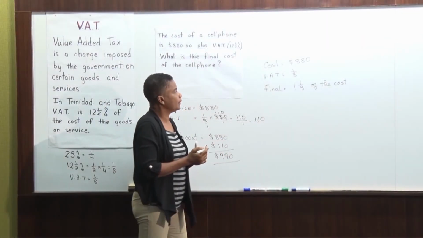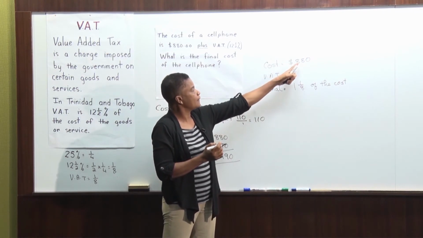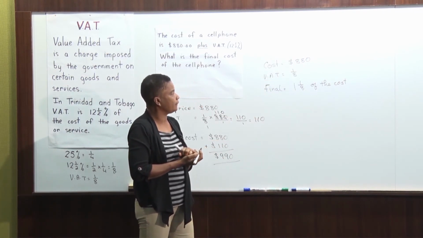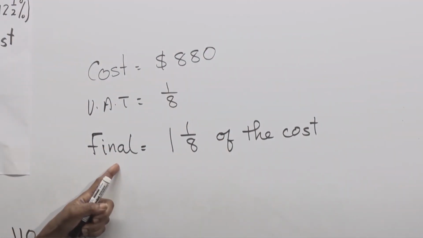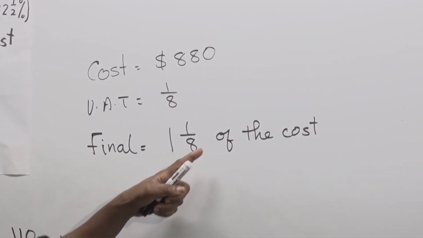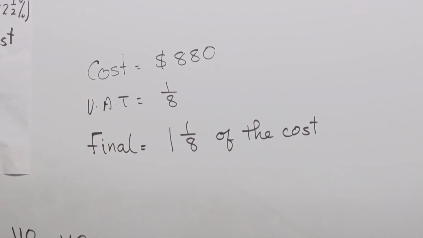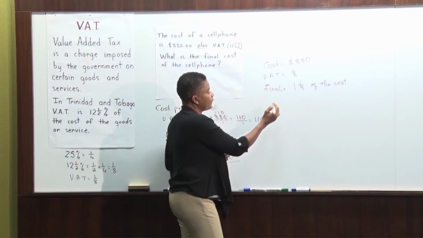Let's do that over. If the cost of the cell phone is $880 and we are adding 1/8 to it, then the final cost will be 1 1/8 the cost of the cell phone. Not so? Let's work that out.